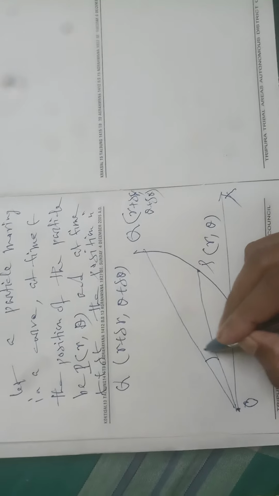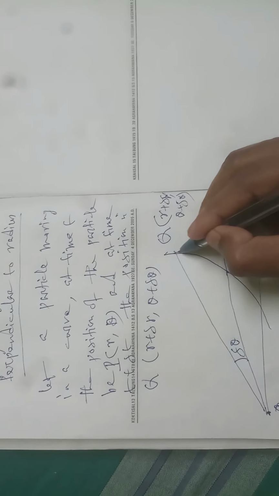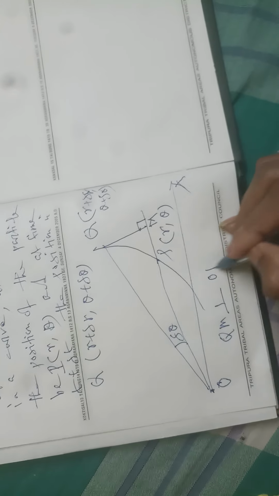So this angle is delta theta. This is PQ. Now draw the perpendicular QM perpendicular to OP produced. So this one is r, this is r plus delta r.